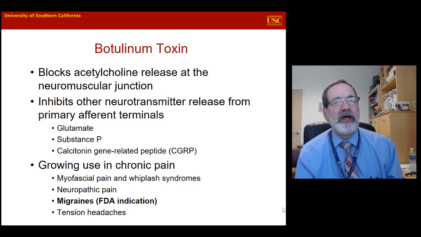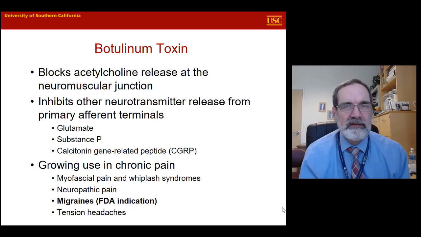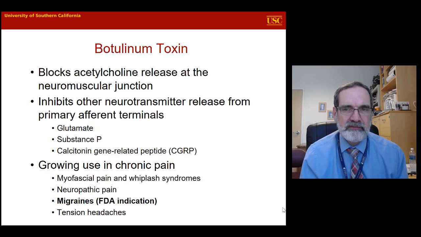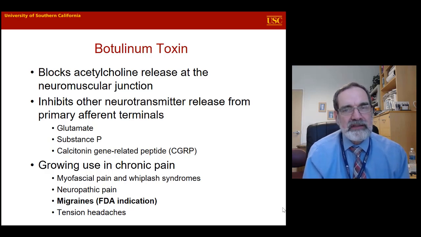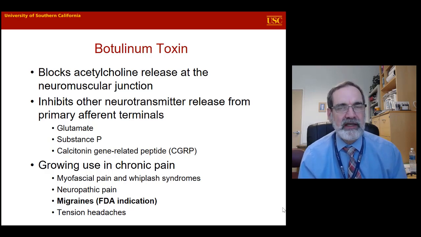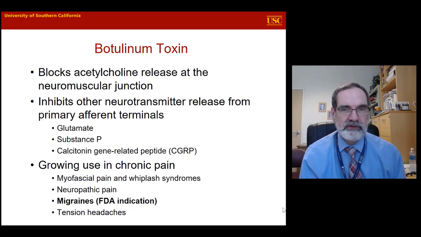We did talk about botulinum toxin at the beginning, how it binds at the neuromuscular junction, blocking the release of acetylcholine. But what's interesting is it does block the release of other neurotransmitters at sensory nerve terminals.